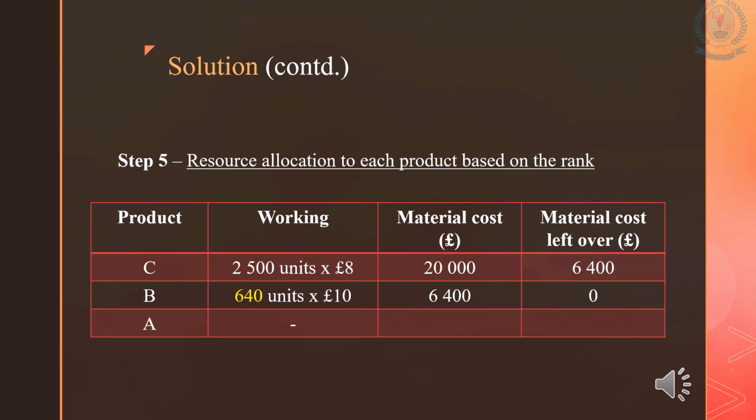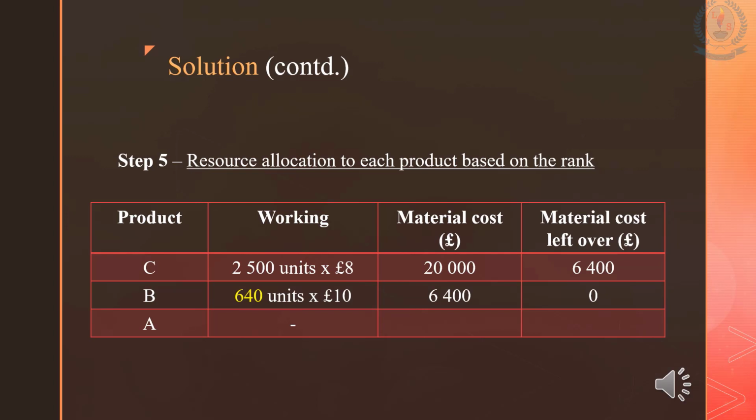Since this is not enough to fulfill product B completely, we have to find how many units of product B will be produced based on 6,400 pounds material cost. To find this, we have to divide 6,400 pounds by the £10 material cost per unit of product B. Then we will be able to calculate the number of units, that is 640 units.